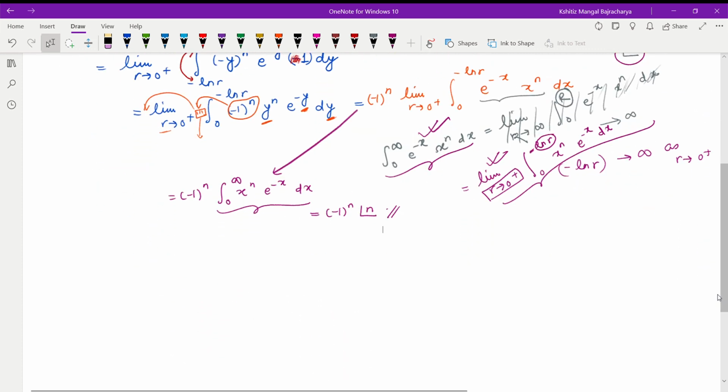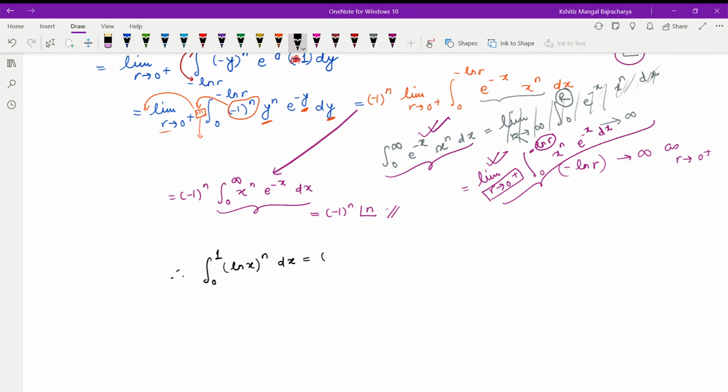And therefore, in conclusion, what we can say is 0 to 1 log x to the power n dx is equal to minus 1 raised to the power n times the factorial of n for every n belonging to z plus.